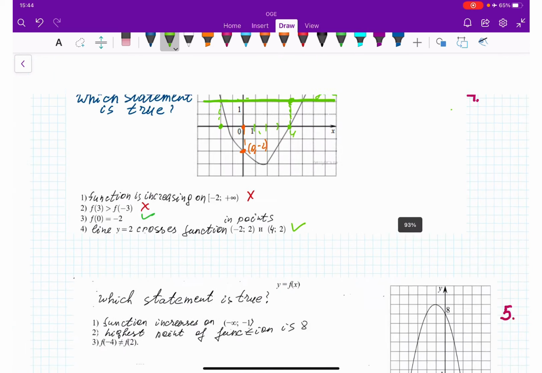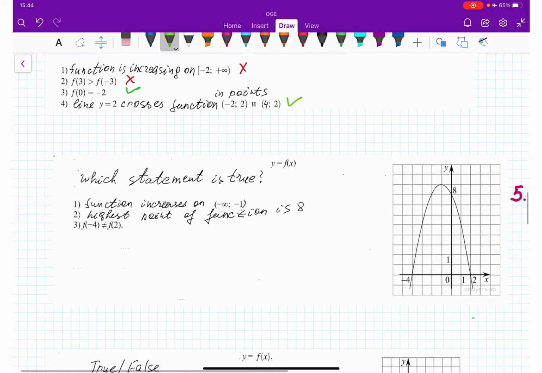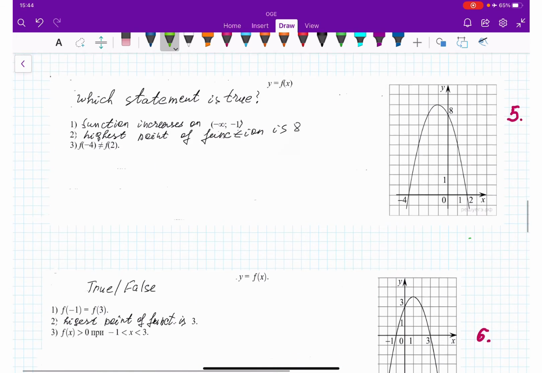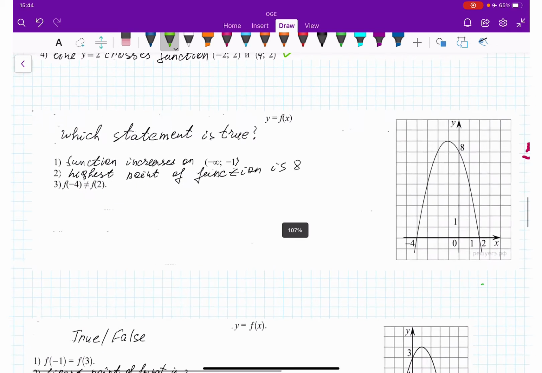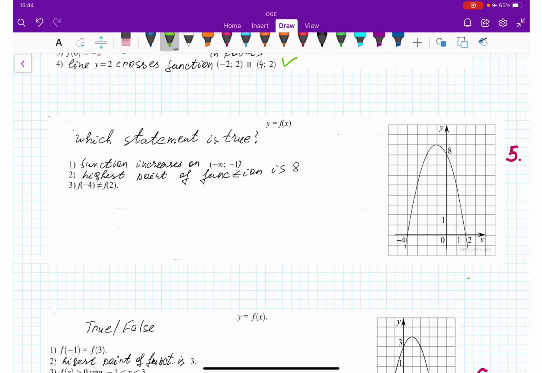Question number 5. Which statement is true? Let's look at the graph. Function increases on interval negative infinity to negative 1. Here is 1. And the function is increasing from negative infinity to negative 1.